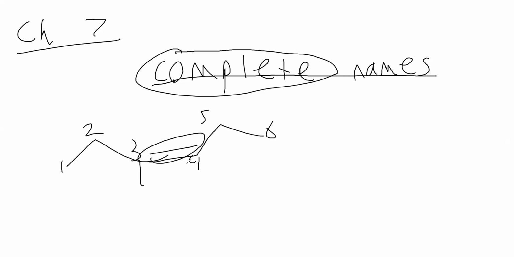So if you don't put that, you're not giving the complete name, so it's not completely correct. So that's important to keep an eye out for. If there's stereochemistry for a double bond, you should probably specify it.